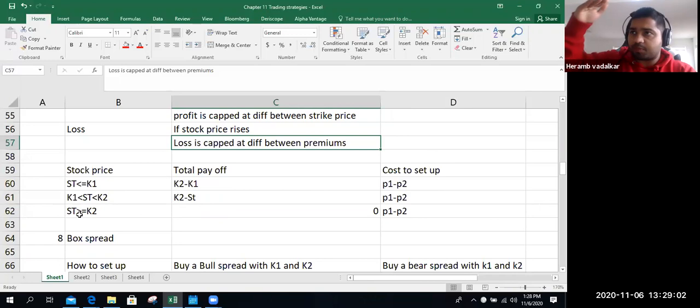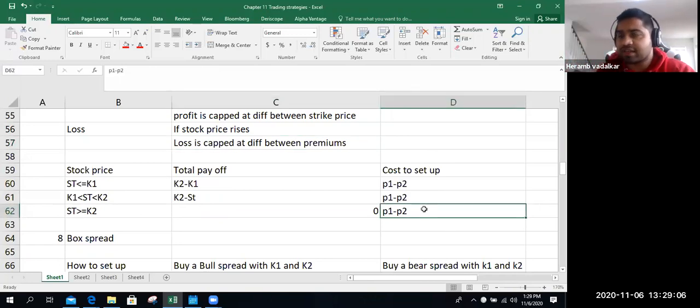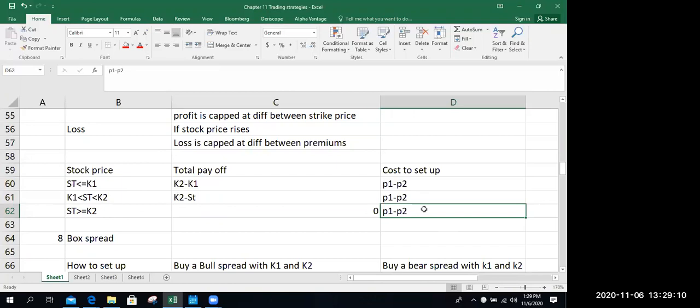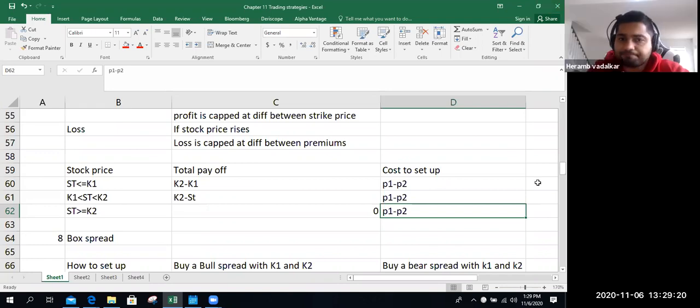And if stock price is going up, then the loss that you suffer is difference between premiums. So basically, you're expecting it to be in that range, and you're capping your profits in case it goes below or above that range. Right? Exactly. Perfect.